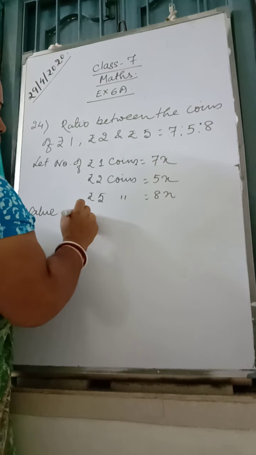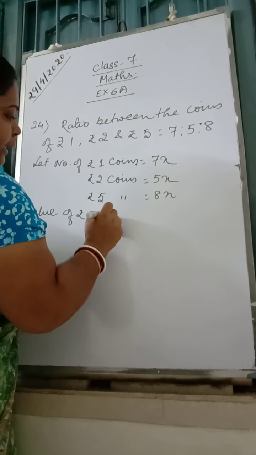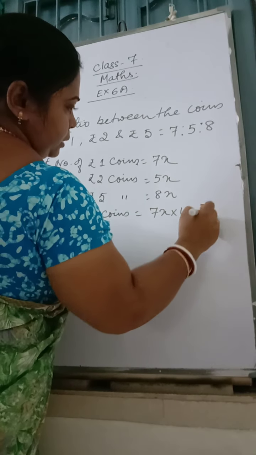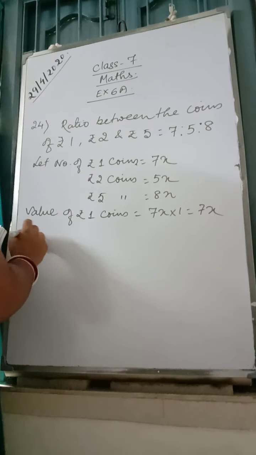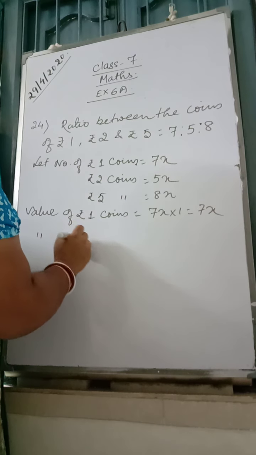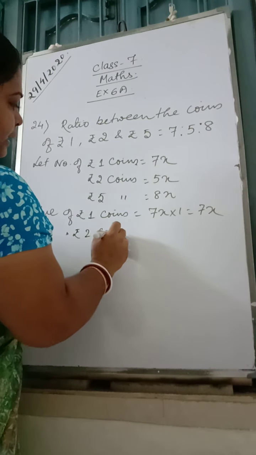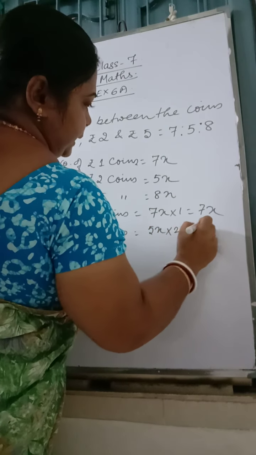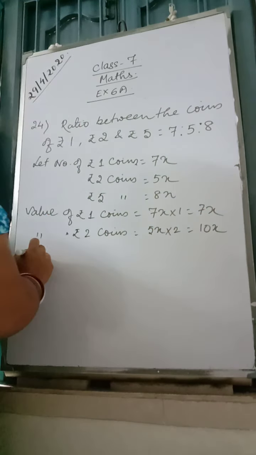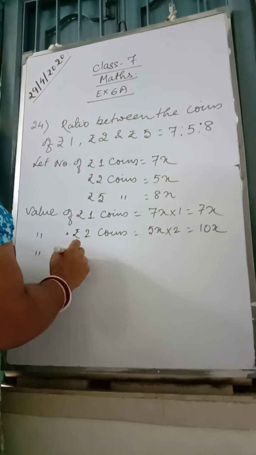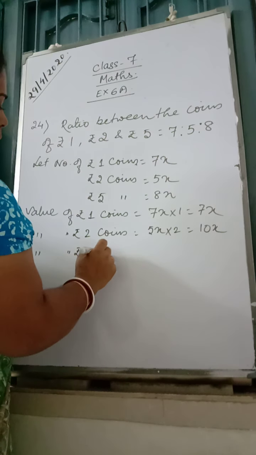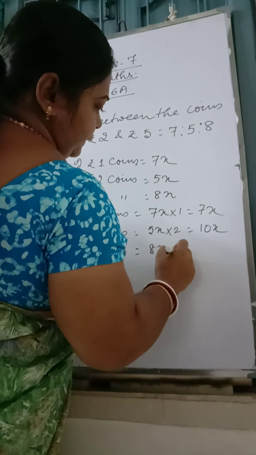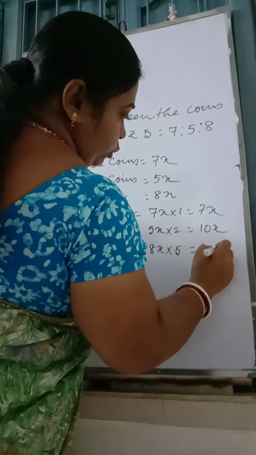Value of rupee 1 coins is 7x into 1, that is 7x. Value of rupees 2 coins is 5x into 2, that is 10x. And the value of rupees 5 coins is 8x into 5, that is 40x. You will ask why.